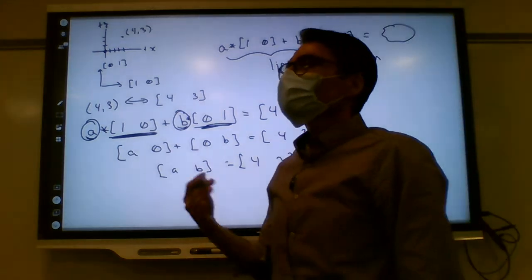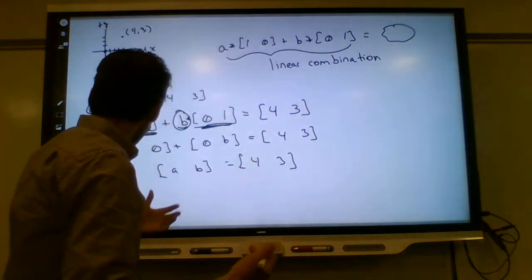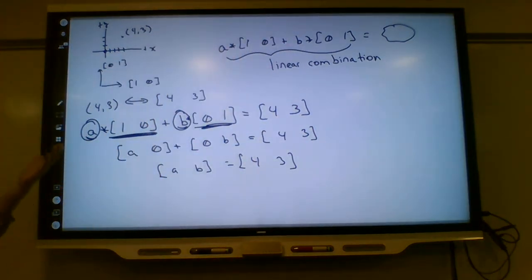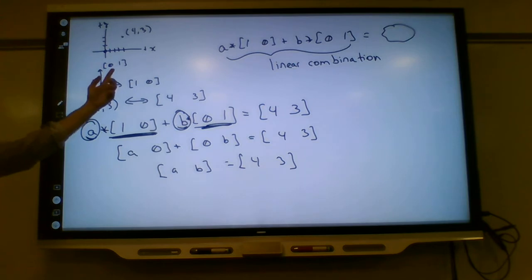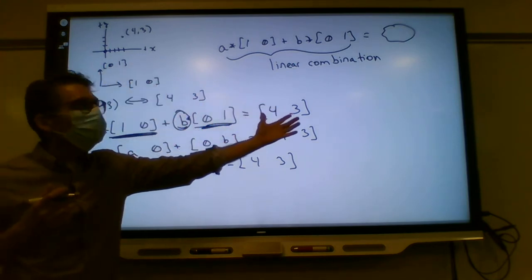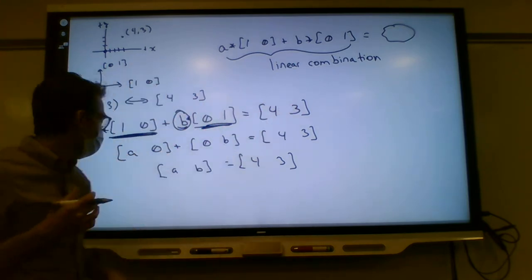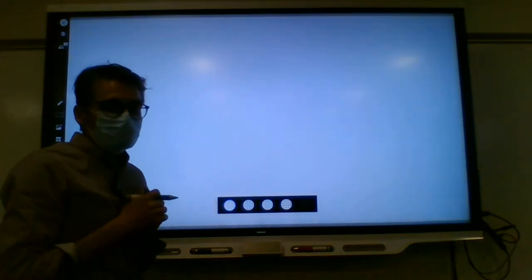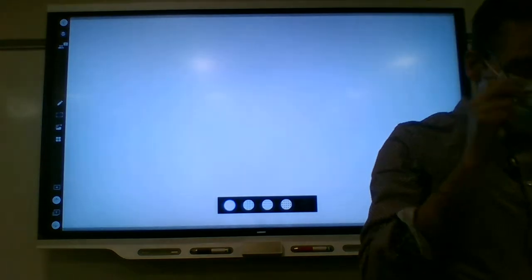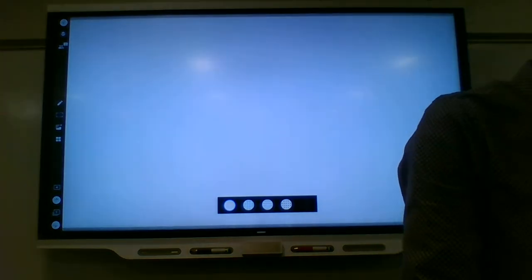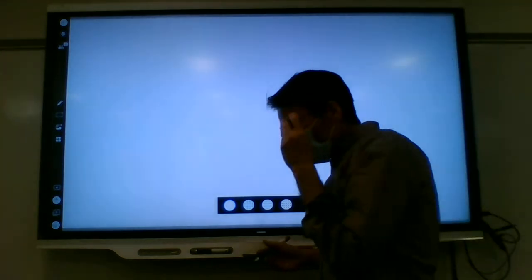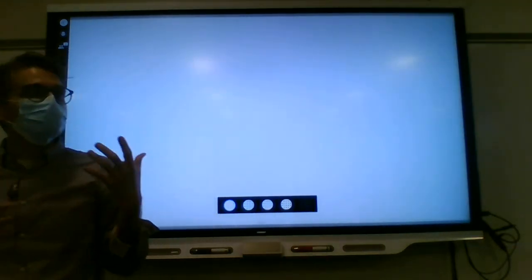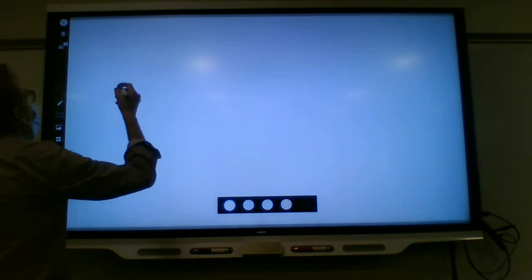So again, with these two particular vectors, the coordinates correspond to the point itself. Well, what happens if we have maybe a different set of vectors? Well, we have a different set of vectors, and maybe things behave a little bit differently. But before we get there, let's look at these two vectors.